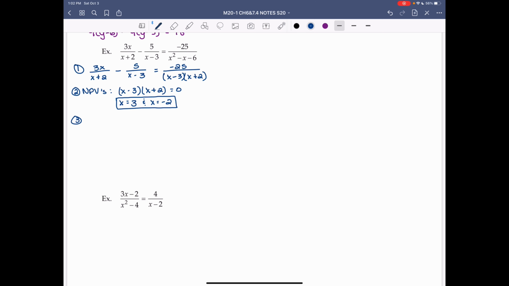Step 3, lowest common denominator is (x minus 3)(x plus 2). Multiply that to each of our fractions.